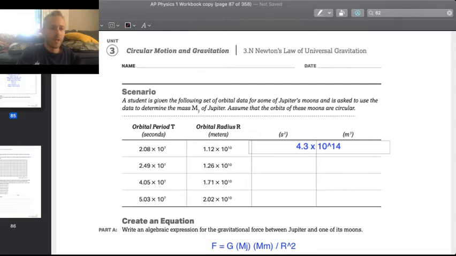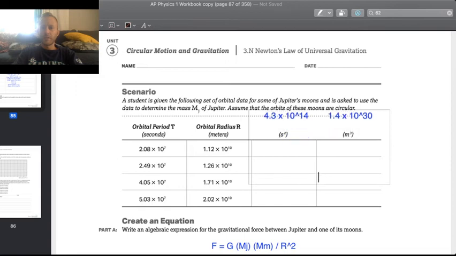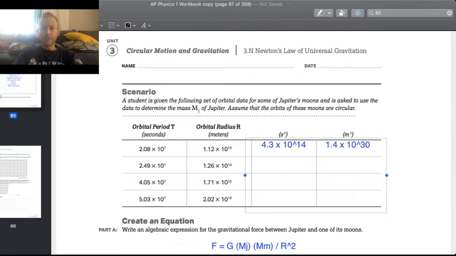I want to cube that. 1.4 times 10 to the 30th. Okay, so that's my first row. And then now I'll do the last row.